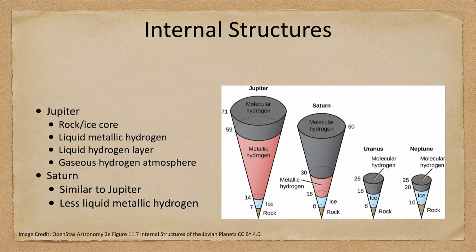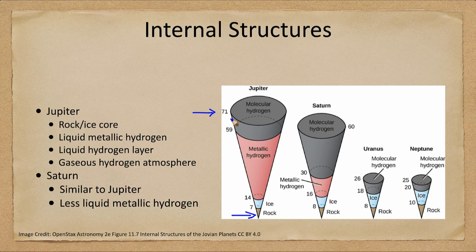Now, when we look at Jupiter again, here it is with its rocky core, liquid metallic hydrogen and its liquid hydrogen layer. So you do have a rocky core here. However, there's no way to get to it. See how that's only about 7,000 kilometers, whereas the surface is 71,000 kilometers, 10 times further away.